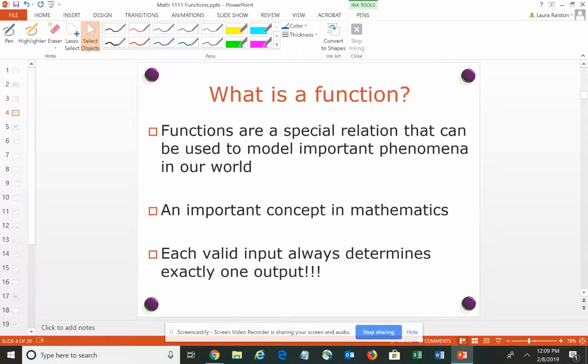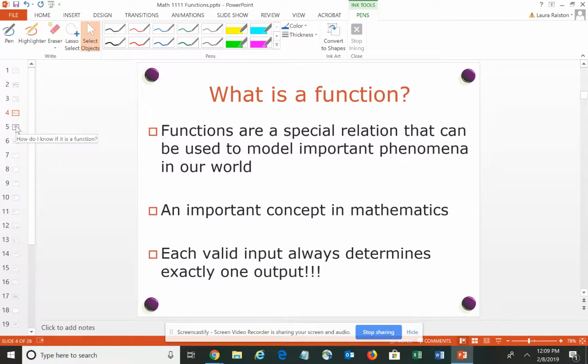What makes a function a special relation is that each valid input always determines exactly one output. That is the special characteristic that makes a relation a function. And pretty much anything can be a relation because we can relate any two things some way. But then if you go a step further, is it actually a function?